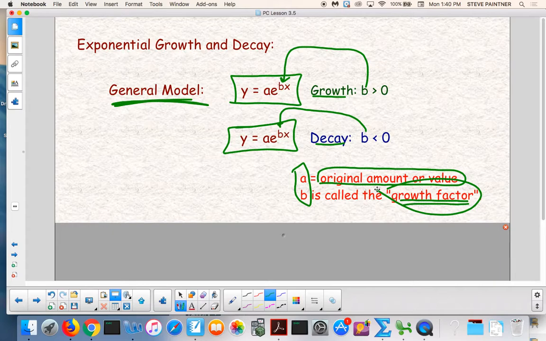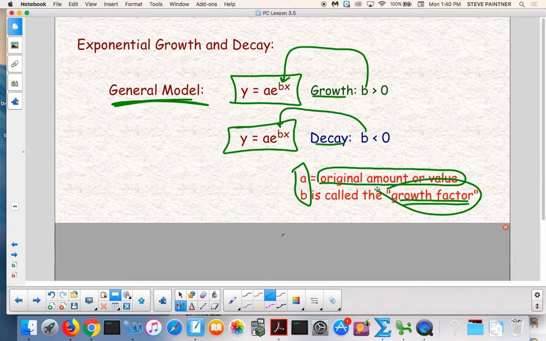Now, come over here, because I wrote this to you, and I thought this was a little better. See this? This is your job today. A is whatever we're talking about, the initial amount. B is the growth factor that we're going to find. X takes the place of time.